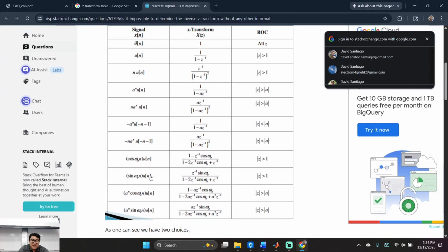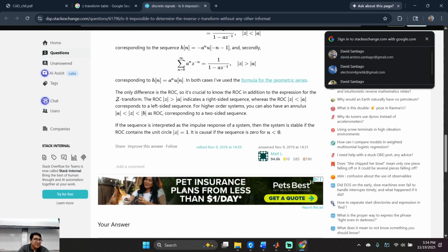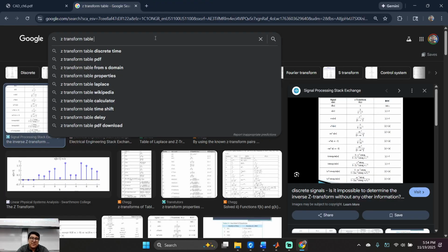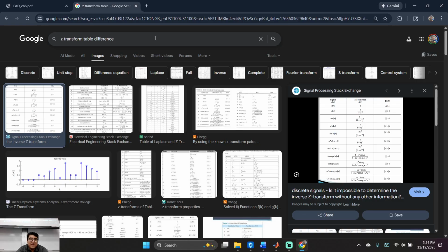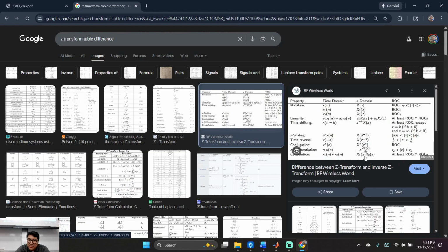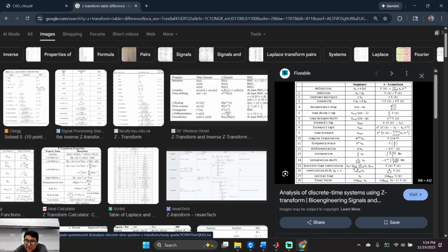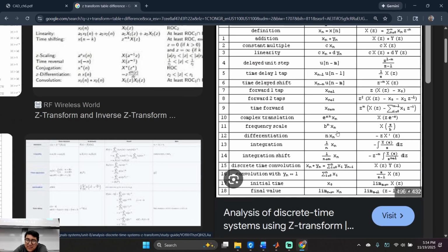No. Where are our derivatives? Difference. Z differentiation. No, is that right? No. Now there's another way to see this. Time reversal? No. Where is that equation? I'm trying to find it. Let's see.